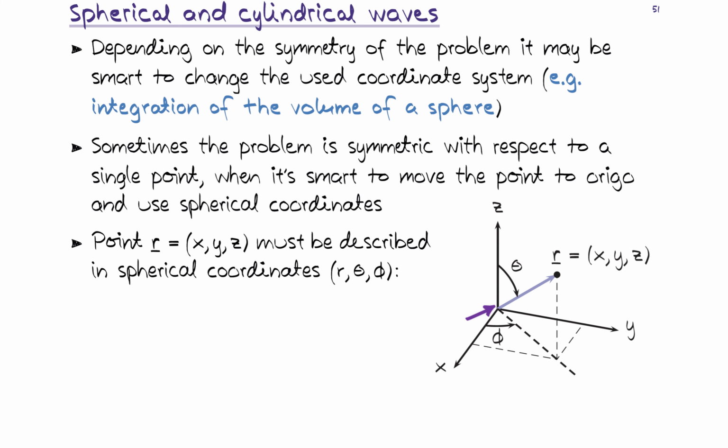Here is the coordinate system showing how we define these different angles. We have the origo here, and x, y, and z give me the Cartesian basis. Then for this point x, y, z, denoted with r, if I want to describe it in the spherical coordinates, I would use the length of vector r, and then the polar angle theta, defined as the angle between the z-axis and vector r, and then the azimuthal angle phi, defined as the angle from the x-axis to the projection of the vector r into the xy plane.